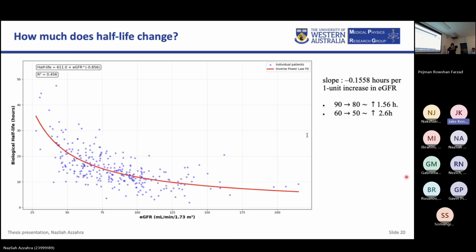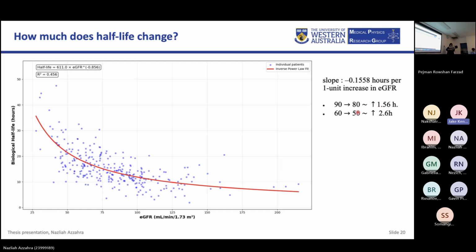1.56 hours increase if the eGFR decreases by 1 unit. But what is much more important here is the relationship is not linear. So for example, a 30 unit decrease from 90 to 60 in eGFR will prolong the biological half-life by 1.56.